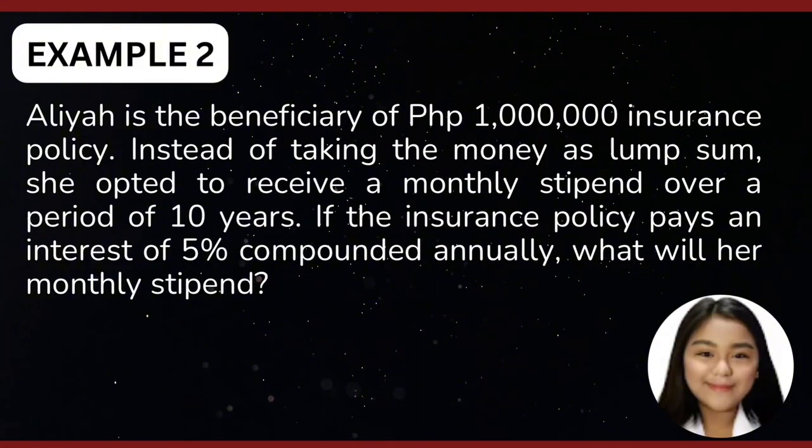If the insurance policy pays an interest of 5% compounded annually, what will her monthly stipend be? For us to get that, we need to get the given values and substitute them into the formula for the periodic payment of general annuities.